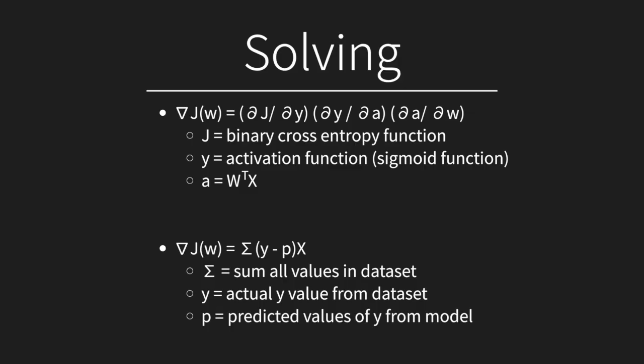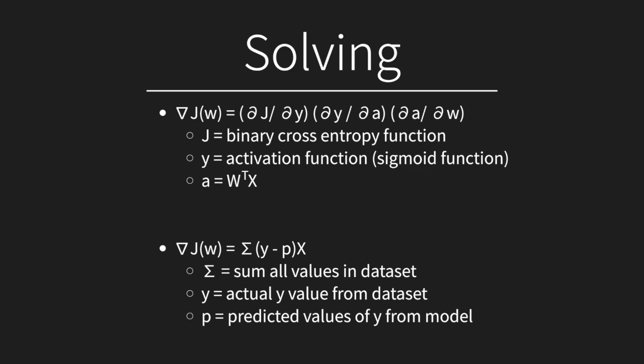And next you take it with respect to the weights, and once you have those 3 derivatives, you multiply them together, and that gives you the derivative of the cost function with respect to the weights. And that's how you do gradient descent with logistic regression.